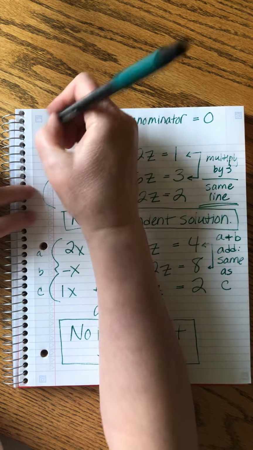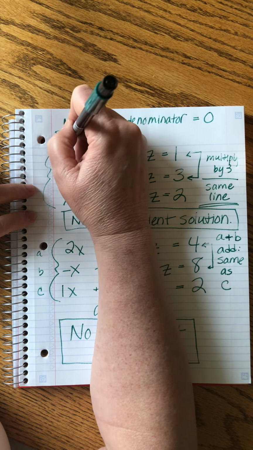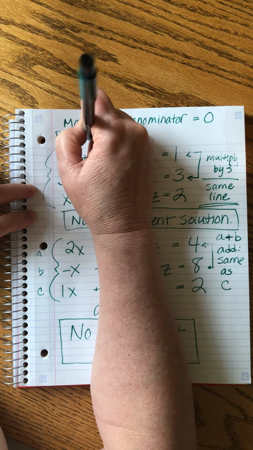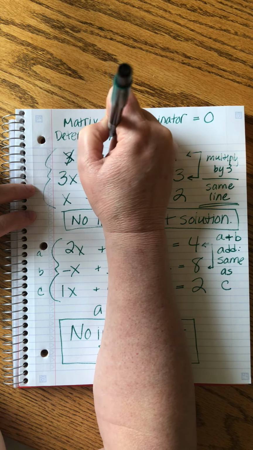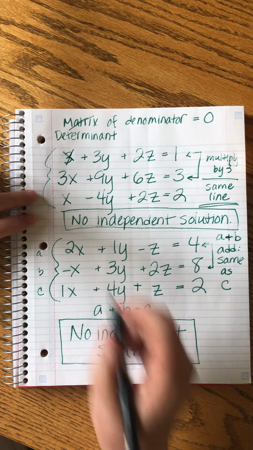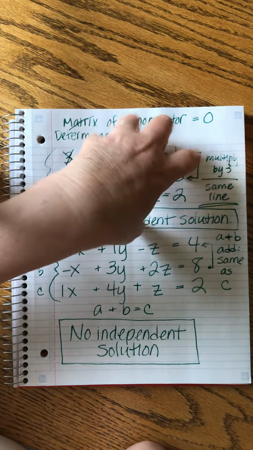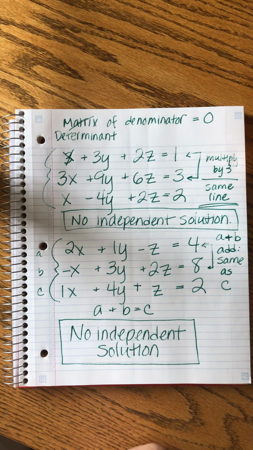Or the determinant, rather, that's the proper word here. The determinant is the answer to the matrix. The determinant of the denominator will calculate out to 0. That is another way of knowing you have these same situations, right?